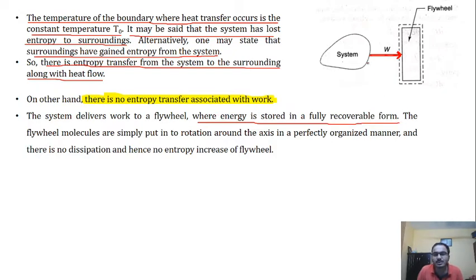So the flywheel is the device where it can store its energy and we can extract it whenever we require. So in the flywheel the energy is stored in fully recoverable form. The flywheel molecules are simply put into rotation about the axis in a perfectly organized manner.